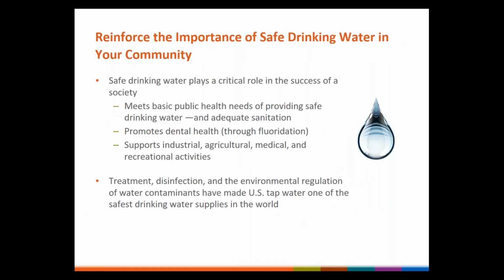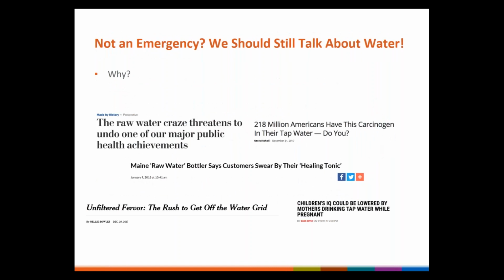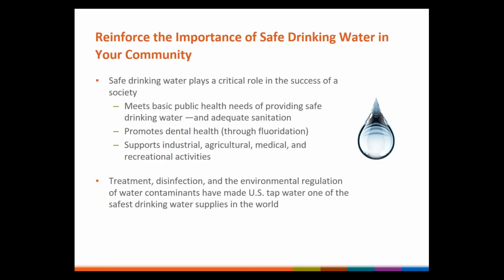And to illustrate the challenges, sorry, I missed a slide, but I think it's important to talk about safe drinking water and why it plays a critical role in the success of a society, so that it meets the basic public health needs of providing safe drinking water, along with adequate sanitation and things like hand washing.